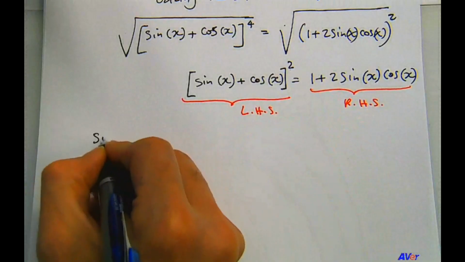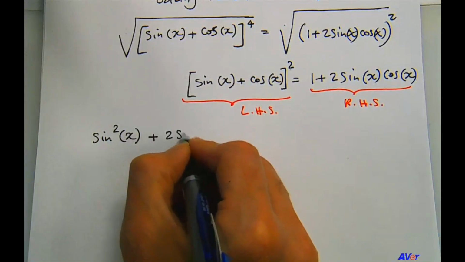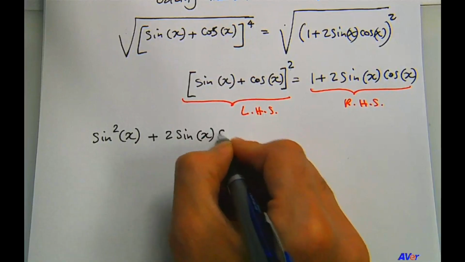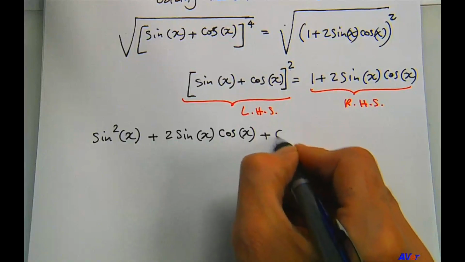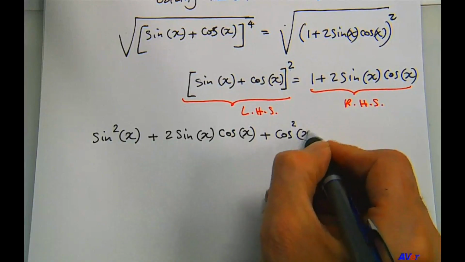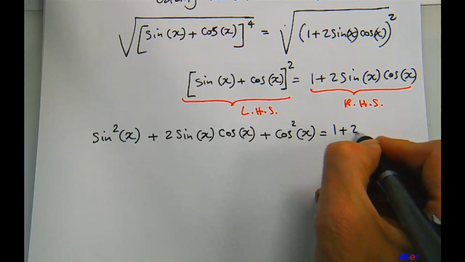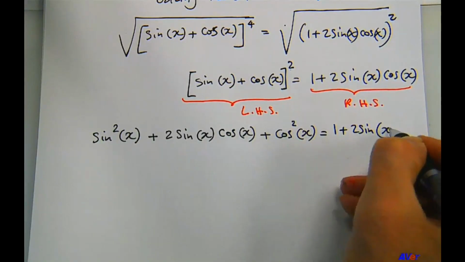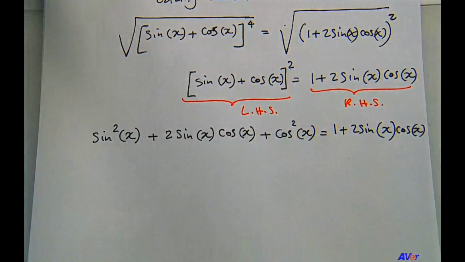So we have sine squared x plus 2 sine of x cosine of x plus cosine squared x equals 1 plus 2 sine of x cosine of x.